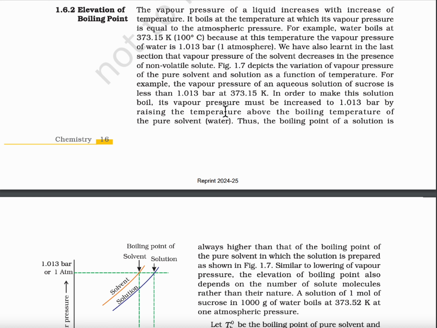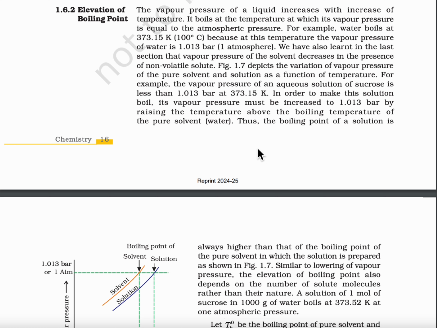Now that the vapor pressure has decreased, the aqueous solution of sucrose cannot boil at the same temperature it used to boil when it was simply water. Now the solution has to match its vapor pressure with the atmospheric pressure. Atmospheric pressure will always be 1.013 bar. So now vapor pressure also should be equal to that in order for the solution to boil.